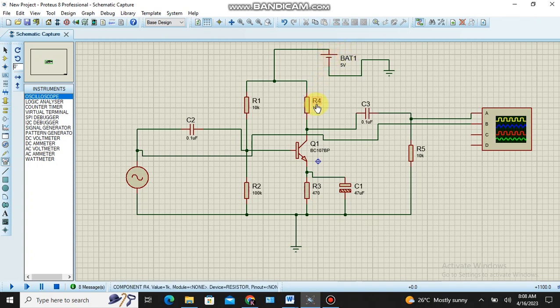This R4 is the collector resistance, this R3 is the emitter resistance, this is the bypass capacitor, and C2 and C3 are the input output coupling capacitors. This R5 resistor will act as the load. The output is connected with channel A, input is connected with channel B. Okay, so this is a simple amplifier circuit.